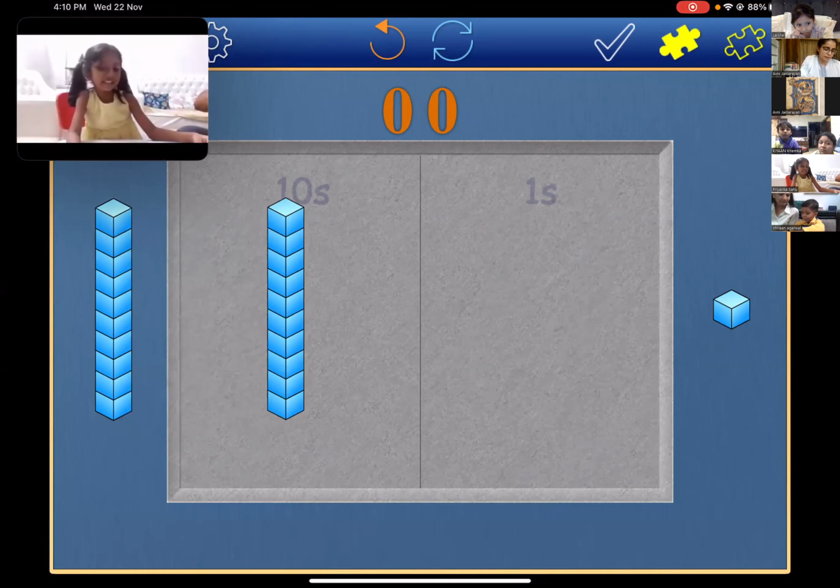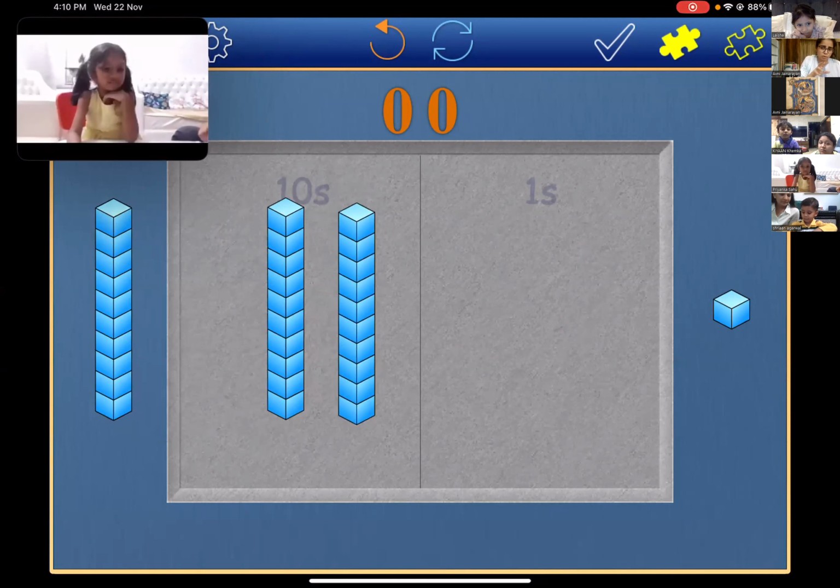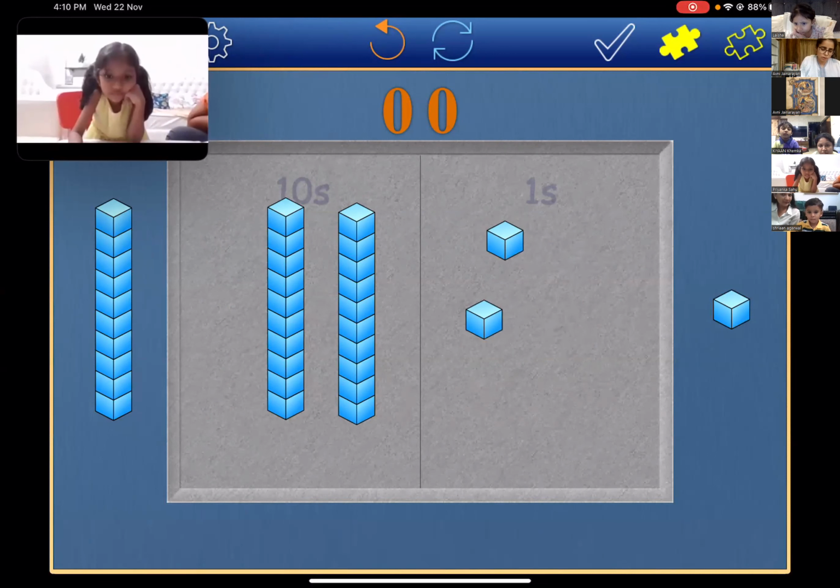Let's check on the blackboard on the screen. Is it correct? 2 rods. Yes. 2 rods is which number? 20. Okay. And how about the ones? How many ones are we going to need? 5. Yes. 1, 2, 3, 4, 5.